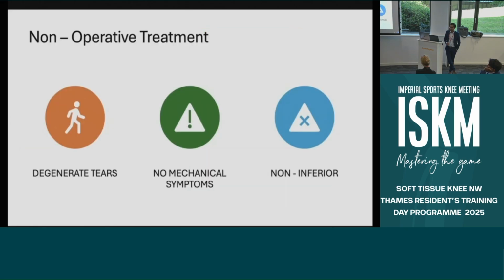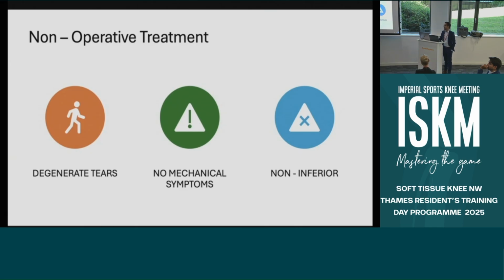So treatments. Non-operative treatment is a valid option. There are good papers out there, including RCTs, so this is something that you probably should be able to quote. It's good for degenerate tears with no meniscal symptoms, and they have been shown to be non-inferior. Now, non-inferiority trials obviously have some limitations. A lot of RCTs do show non-inferiority, so it depends on your patient cohort.